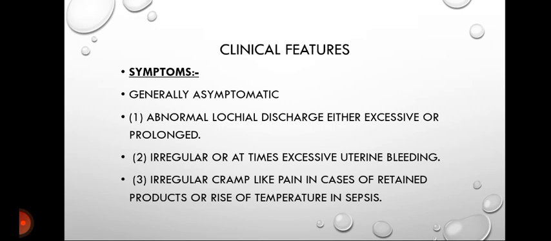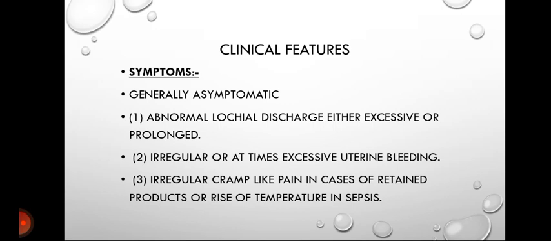Now, what are the symptoms we see during subinvolution? Generally subinvolution is asymptomatic, but in certain conditions we can see abnormal local discharge. It might be excessive or prolonged, and there will be irregular or at times excessive uterine bleeding, not continuous, but coming with gaps in between the bleeding episodes.